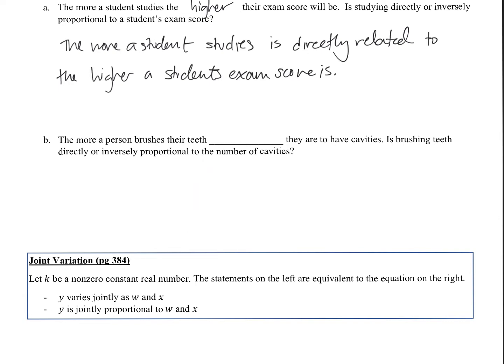Let me go ahead and write that up. The more a person brushes their teeth, the less likely they are to have cavities. So is brushing teeth directly or inversely proportional?